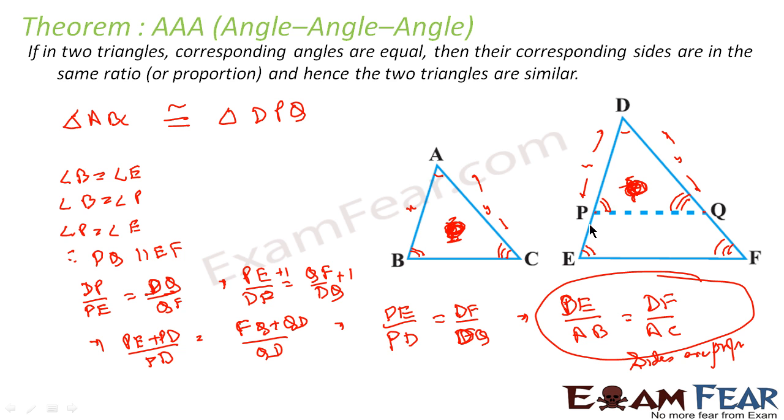Once I got this line parallel to EF, I can use the parallel theorem to prove that dP by dE is equal to dQ by dF. Or directly I could have said that, but I used a normal basic theorem. I added plus 1 both sides because I wanted to prove that this side, by the bigger side dE, is equal to dQ by dF.